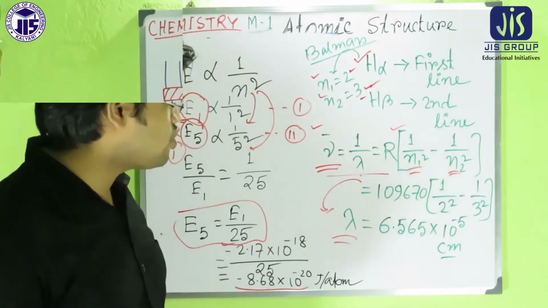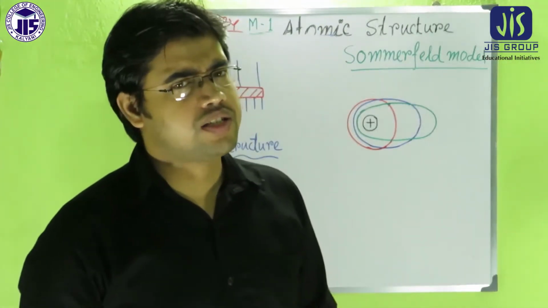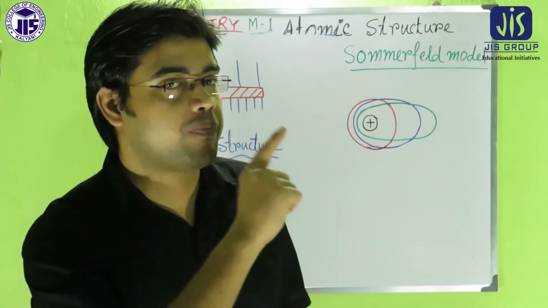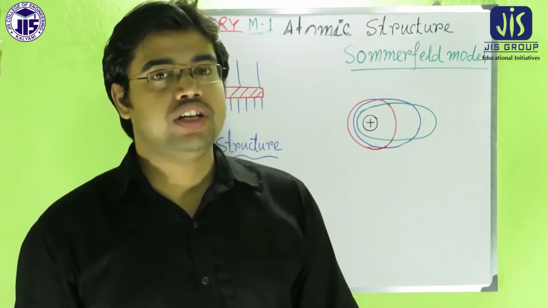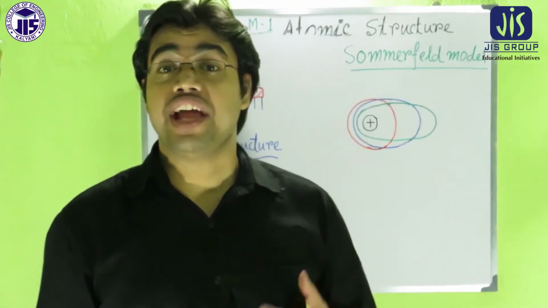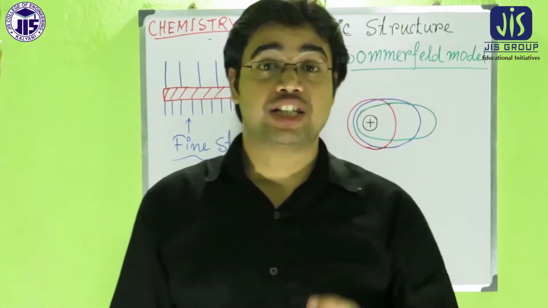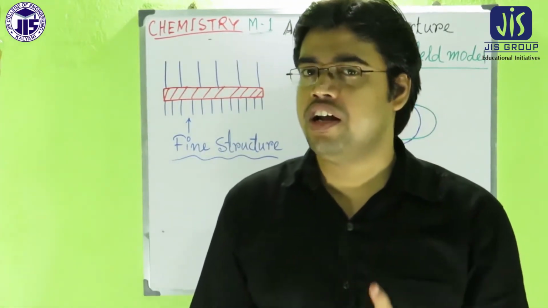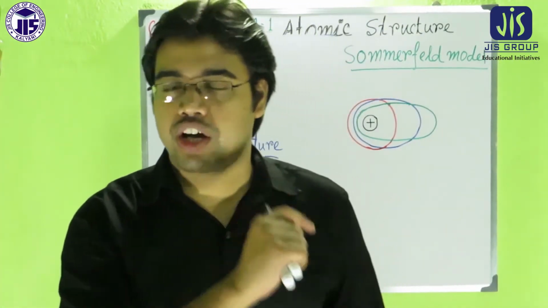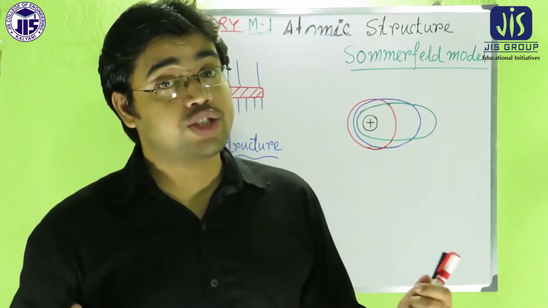Okay, we already discussed in the previous class that there are some drawbacks of Bohr's model. These drawbacks were mainly from the experimental point of view. Bohr's model was unable to explain the fine structure. What was the fine structure?